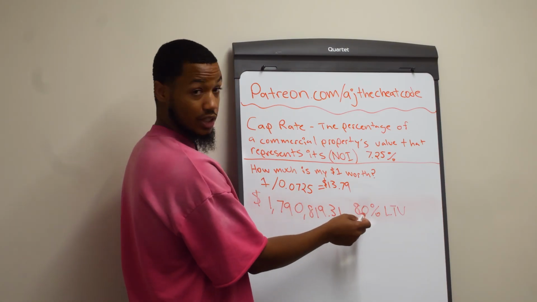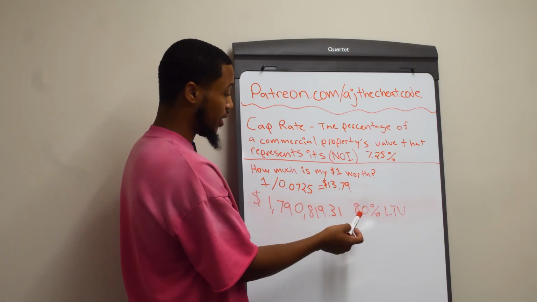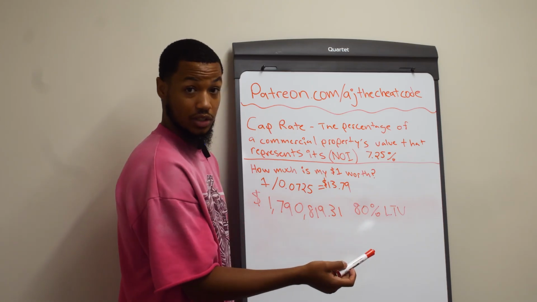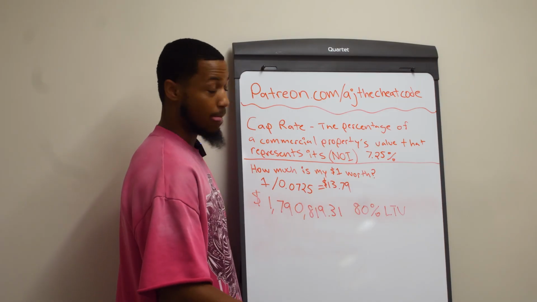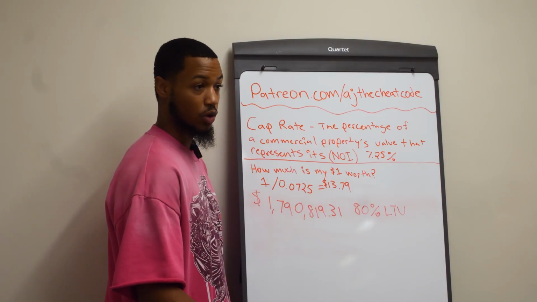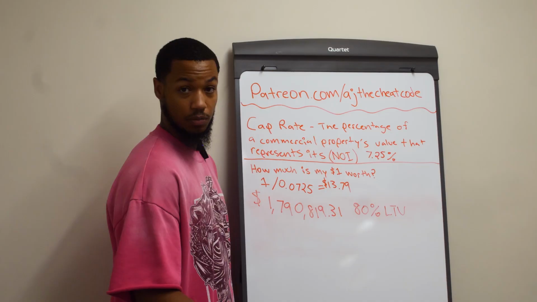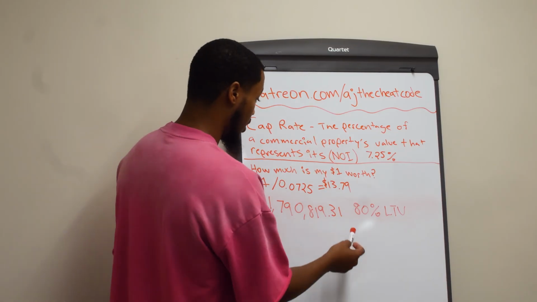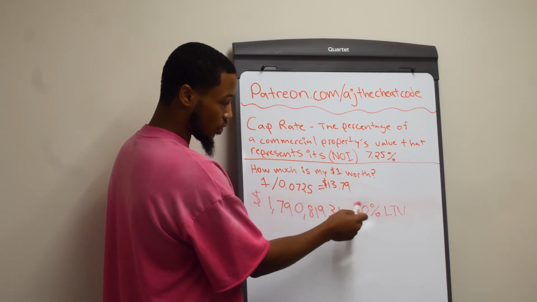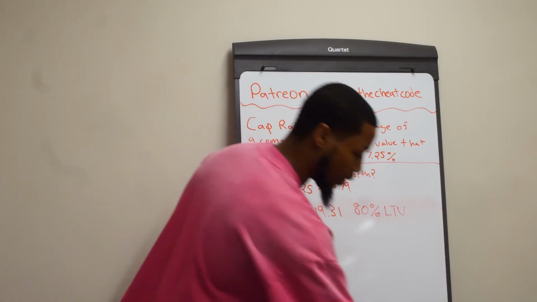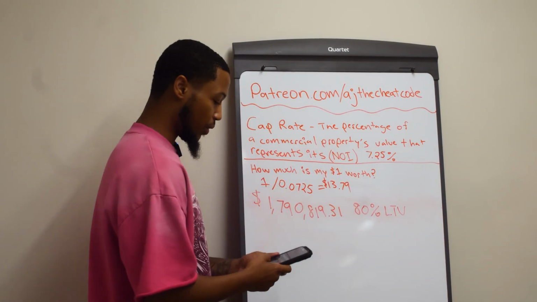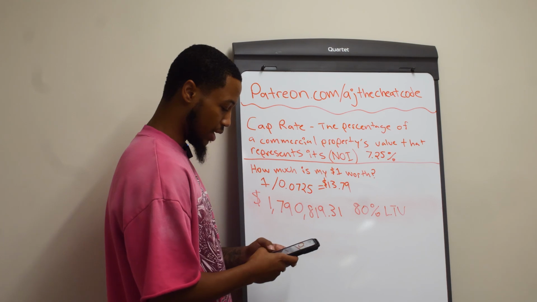You can even lower this, depending on what your plans are in terms of your investments, what your lineup is. If you want to get more property, invest in your businesses, your 401k, some sort of mutual fund, things of that nature, then you're going to pay close attention to this. Let's say you max it out at 80% LTV, right? So 80% LTV, 1.79 million times 80%.